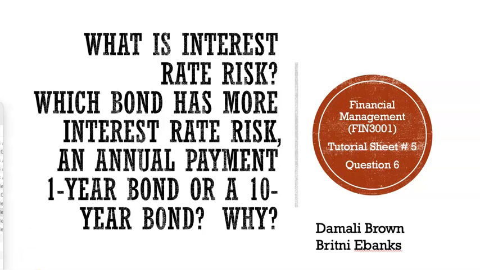Good day, my name is Brittany Ebanks and I'll be doing the second section of question 6, which states, which bond has more interest rate risk, an annual payment 1-year bond or a 10-year bond? The answer is that the 10-year bond will have more interest rate risk. And then it asks why. The 10-year bond has more risk than a 1-year bond because of the maturity period.